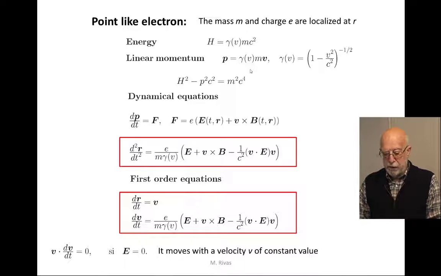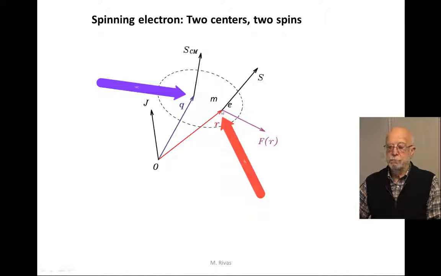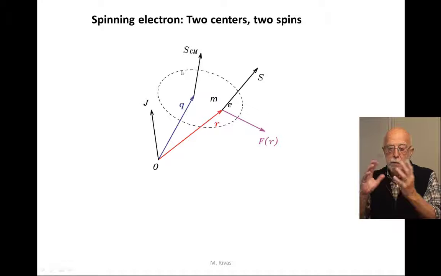Now, let us analyze what happens to the spinning particle. You see, the spinning particle has 2 centers, the center of mass and the center of charge. Now, this dotted line tries to represent something of the shape or size of the electron, but the formalism does not describe that.